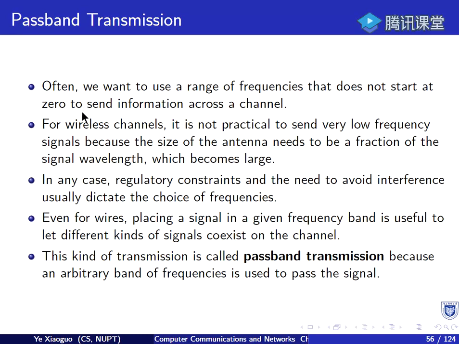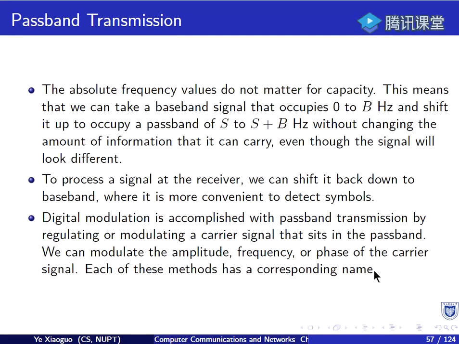Then the second transmission scheme is passband transmission, because an arbitrary band of frequency is used to pass the signal. The absolute frequency value does not matter for capacity.